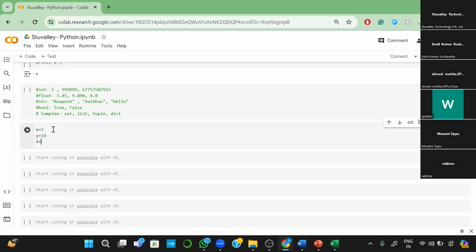What you will do is write x plus y. This is called an operation. If you don't write the print statement, still the last line of each cell will get printed. The output of the last line of each cell gets printed without the print statement as well.